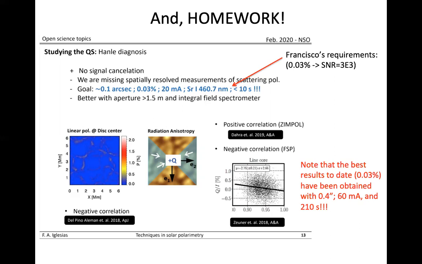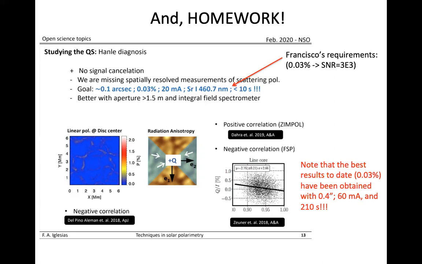And you need a lot of photons, because he gives us his requirements that are in blue in this slide. He said that with a spatial resolution of 0.1 arcsecond, he would like to get to a signal of about 3 × 10⁻⁴, which means that the signal to noise is 3 × 10⁻⁵, right?